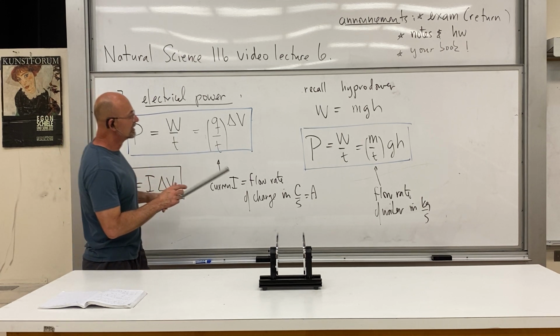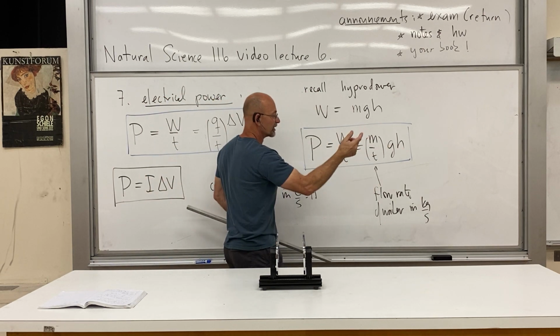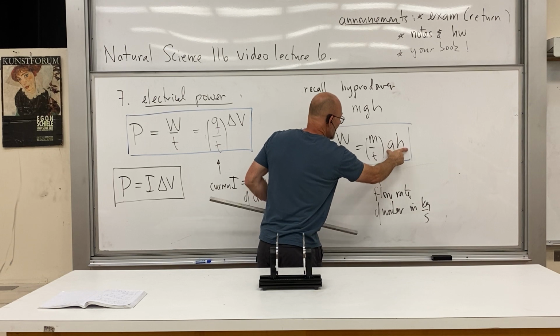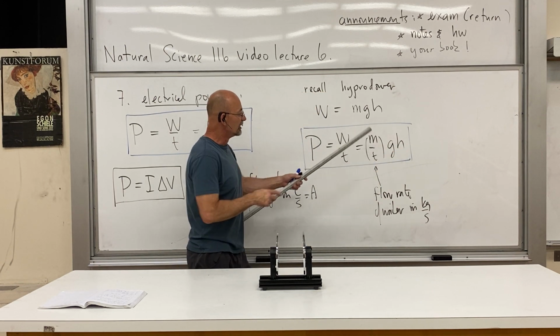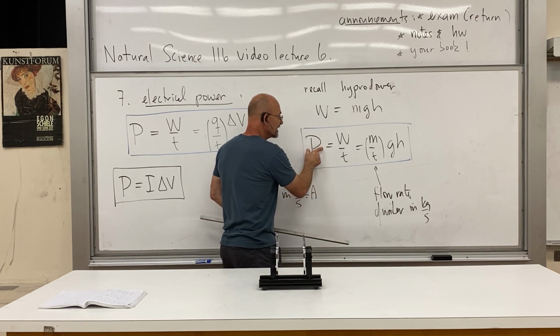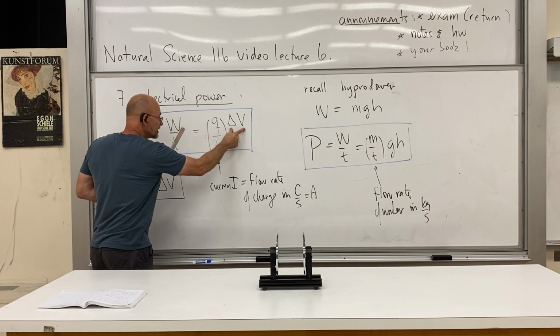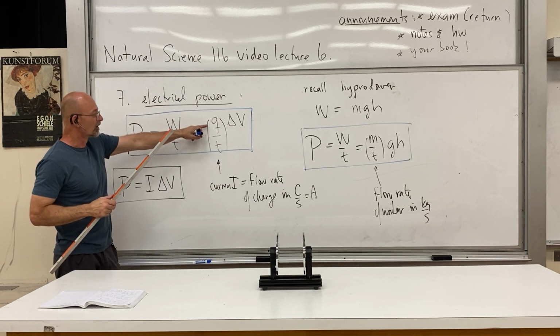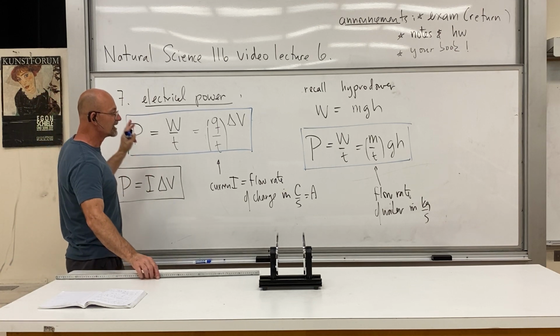And you can see the higher the height here, G is constant here on Earth, right? But the higher the dam, the higher the penstock, the greater the altitude difference, the more power we can get out of the same flow rate. And the same thing holds true the higher the voltage. Given the same current, the higher the voltage, the more power we can get. So it's a very nice analogy.